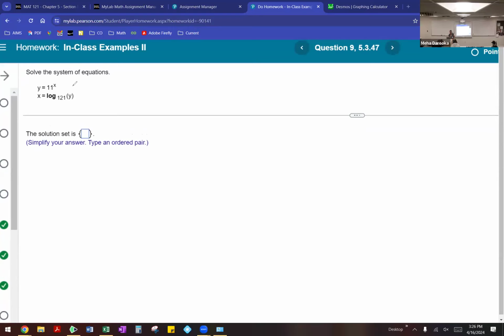That's equation 1. Equation 2, and I am substituting because I want to put the 11 to the power of x inside my model. So we're going to substitute 1 inside.